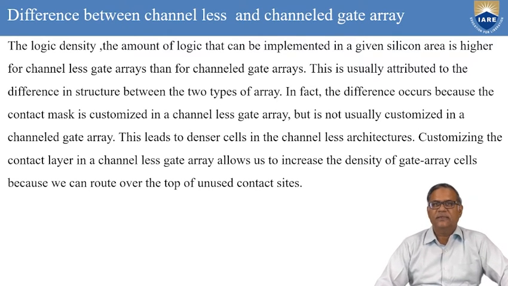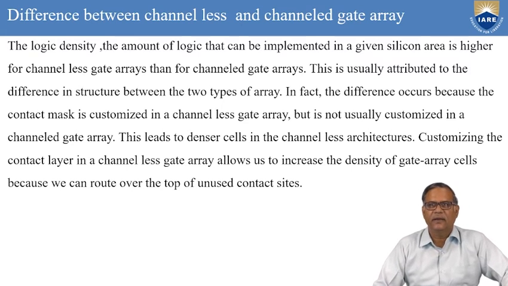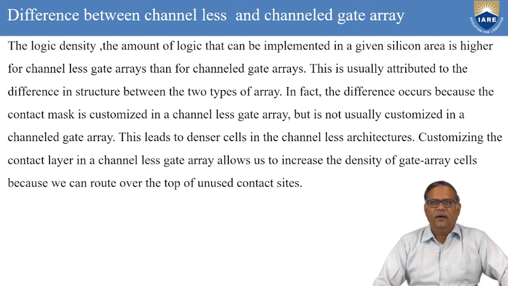The logic density, that means the amount of logic that can be implemented in a given silicon area, is very high for a channelless gate array compared to channeled gate array, because of the difference in structure between the two types of arrays. The difference occurs because the contact mask is customized in a channelless gate array, but is not usually customized in the channel gate array.